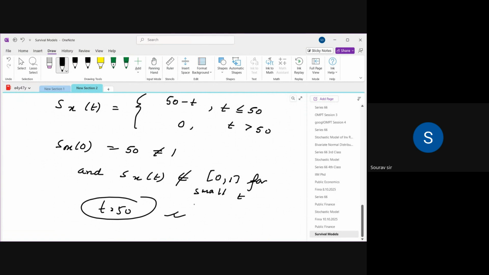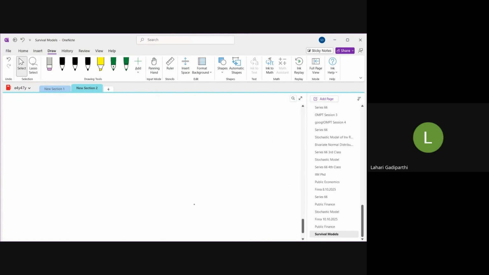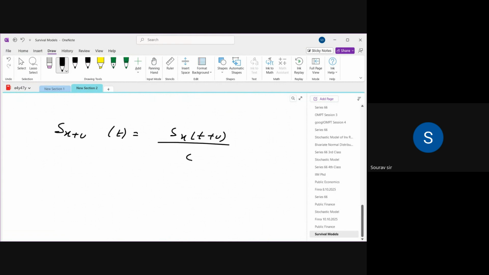Next, the purpose of the slide. S_{x+u}(t) is equal to S_x(t+u) divided by S_x(u). That means the conditional survival function.